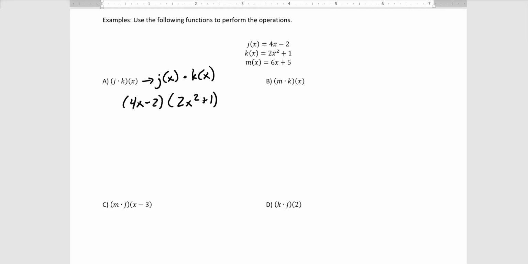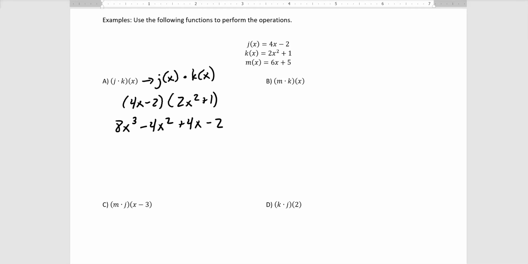Now I'm just going to multiply this out. So 4x times 2x squared will be 8x to the third. Negative 2 times 2x squared will become negative 4x squared. 4x times 1 is 4x. And negative 2 times 1 is negative 2.